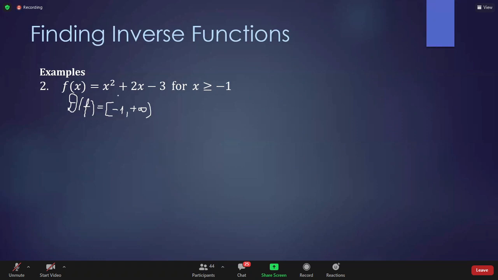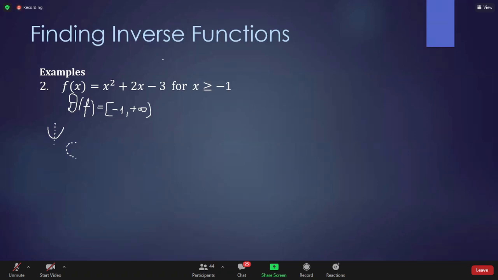Remember, the graph of this function is a parabola, which means the symmetrical graph of the inverse function could be a parabola, but then it's not a function. So because of this problem, I cut half of the parabola, the right-hand half of the parabola, because the vertex of the quadratic function, remember, we discussed that in elementary mathematics.